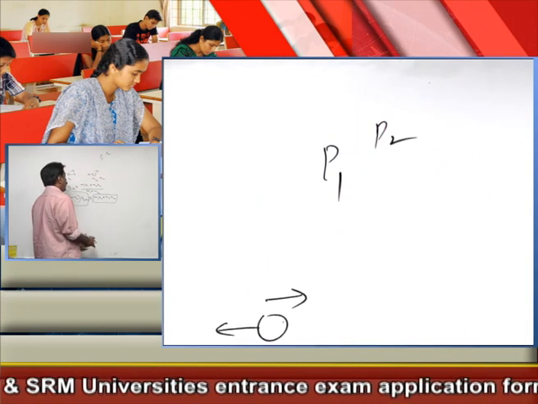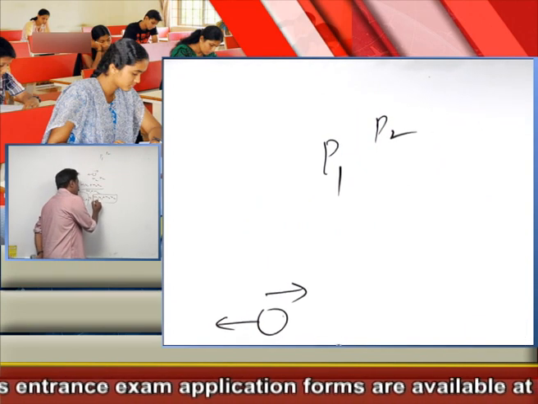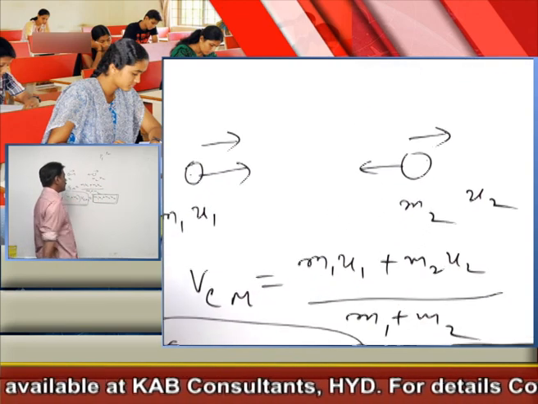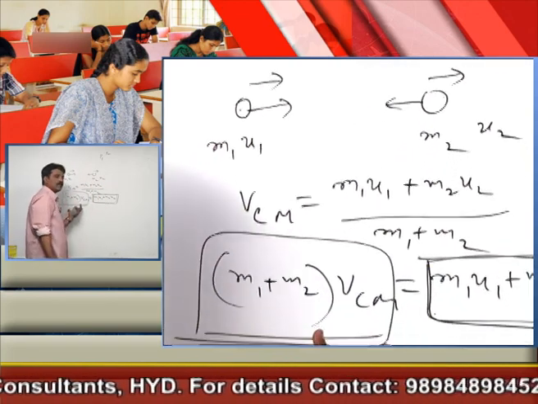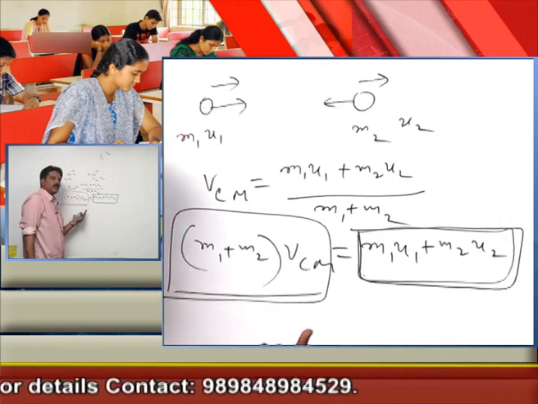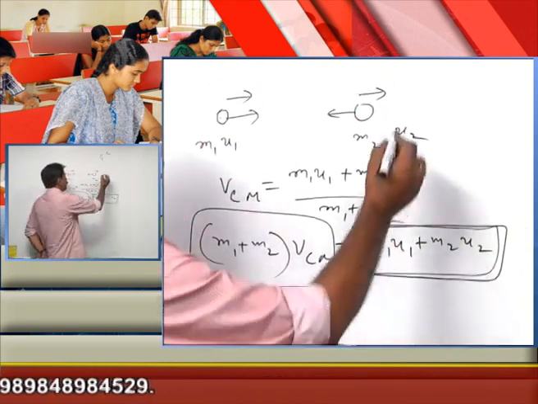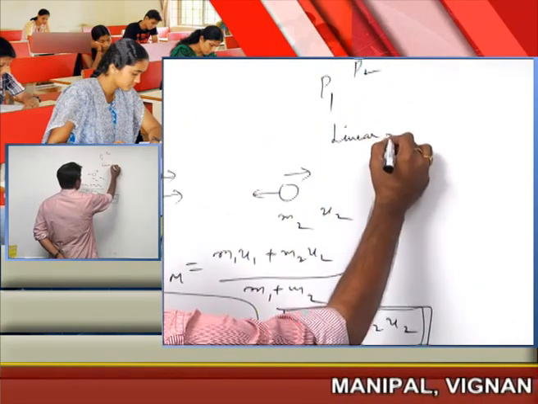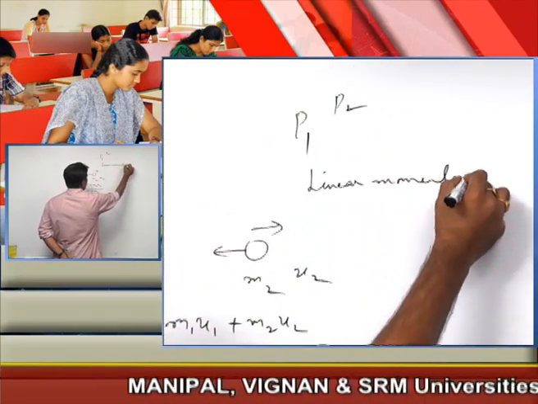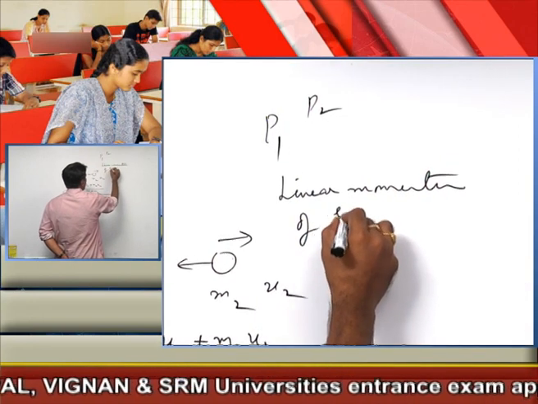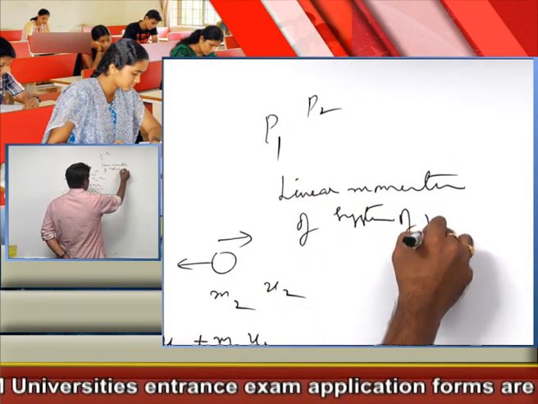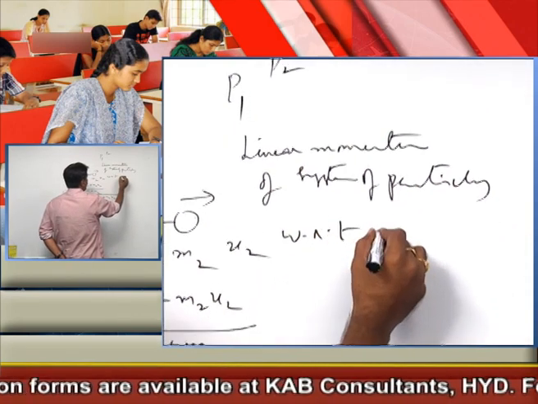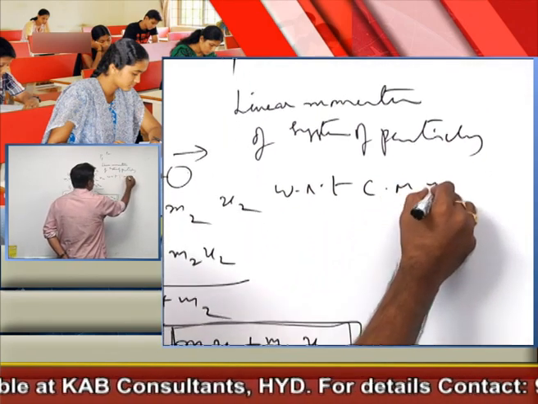Similarly here, the linear momentum of the system of particles with respect to the center of mass means this minus this, but these two are equal. Therefore, with respect to the center of mass, the linear momentum of the system of particles is 0.